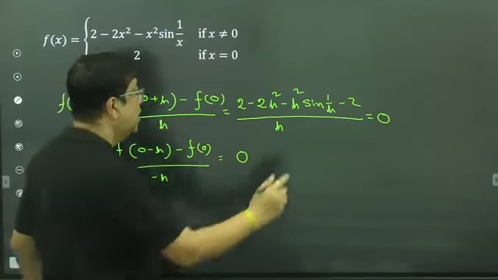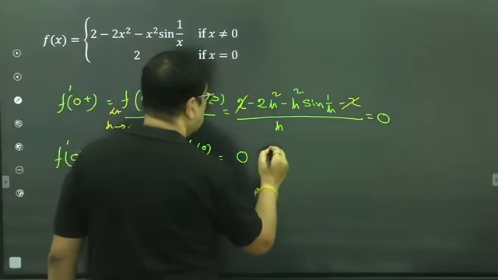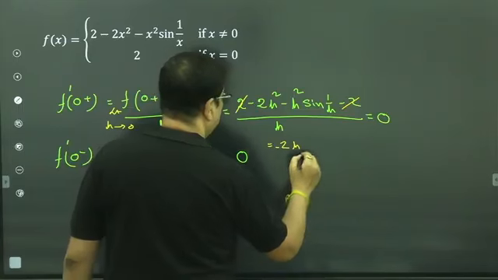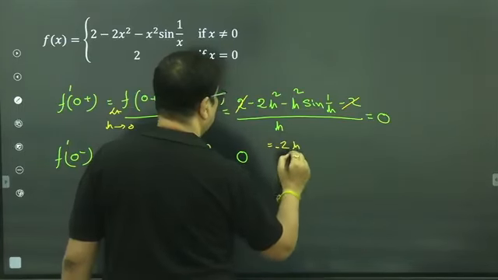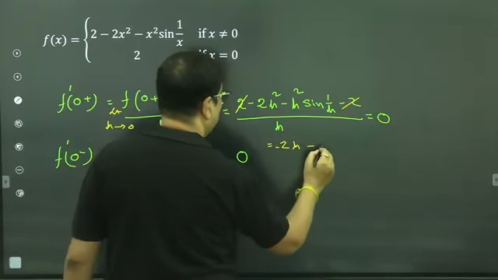The 2 is getting cancelled, and if we take h common, we get minus 2 minus h sine 1 by h. So this is already 0, and sine 1 by h remains.